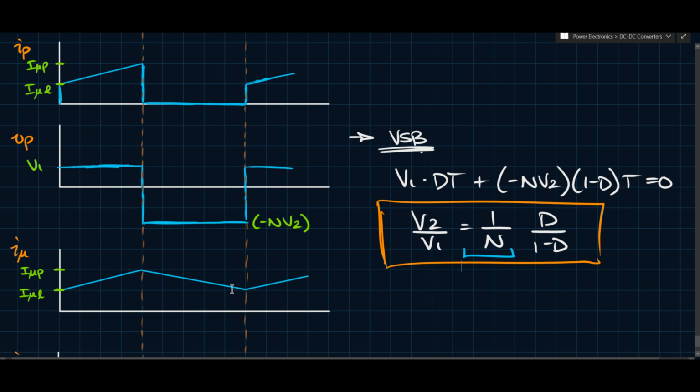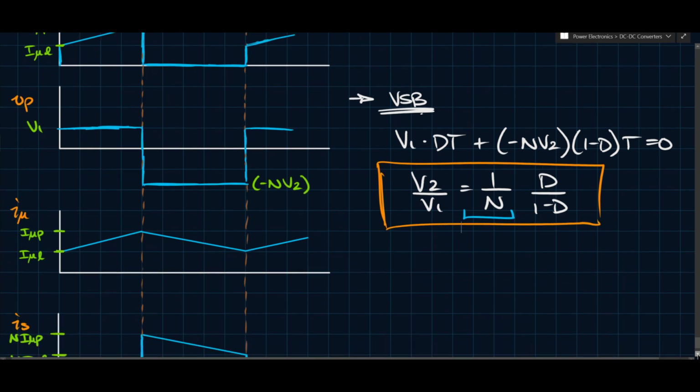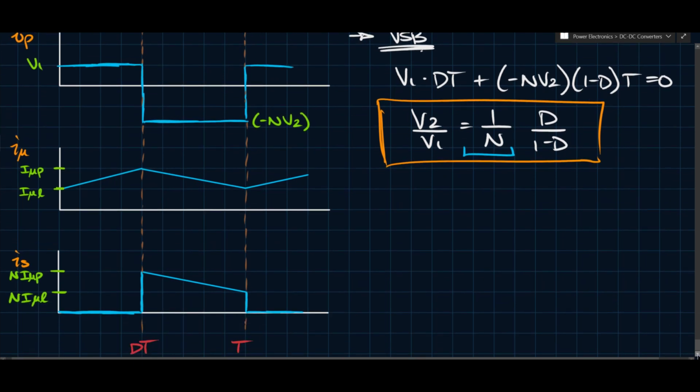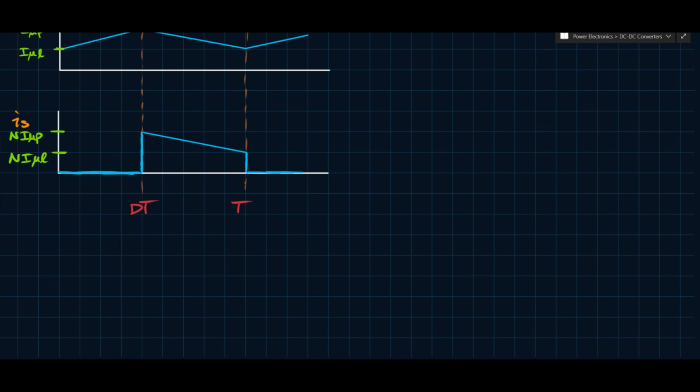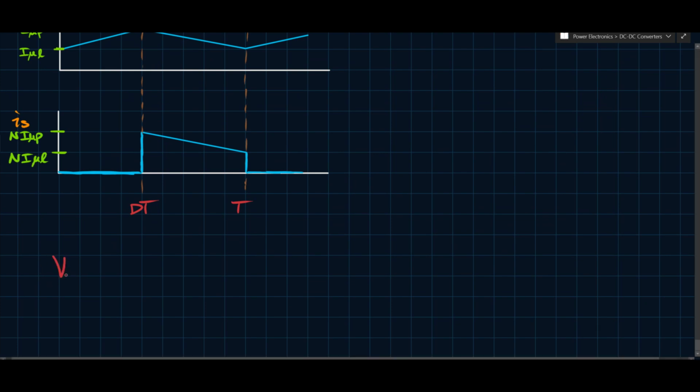You can do the exact same analysis for discontinuous conduction mode of the flyback converter, and you would get something similar to the non-isolated buck boost converter in discontinuous conduction mode. So I mentioned earlier that there's a convenient thing that lets us use the exact same results of the buck boost converter, so long as we account for the transformer.